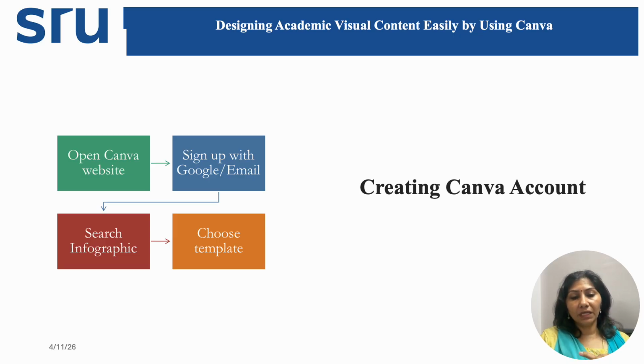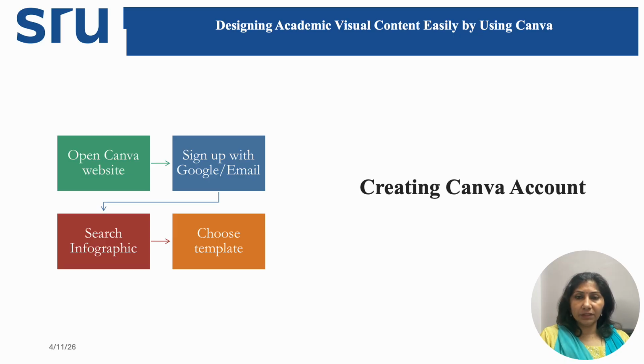If you want to begin using Canva, users need to create an account, which can be done very easily using an email ID, or you can use a social login like Facebook. Canva also offers a free and a premium version. The free version is basically sufficient for most academic purposes.